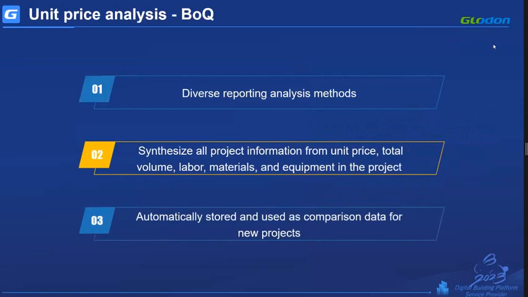So after that, when we want to do the price analysis in TBQ, we can help you with diverse reporting analysis methods, and synthesize all project information from unit price, total volume, labor, materials, and equipment in the project. It can also automatically store it and use it as comparison data for new projects.